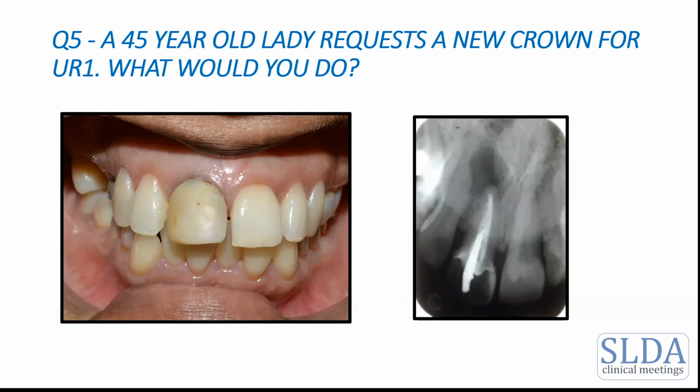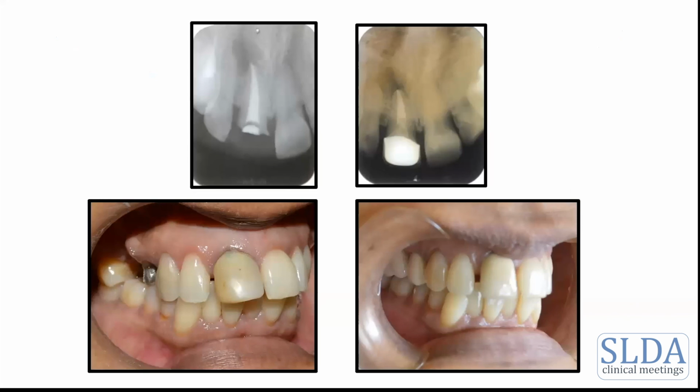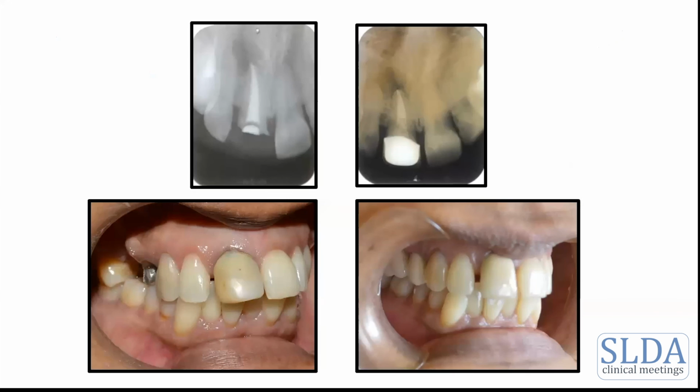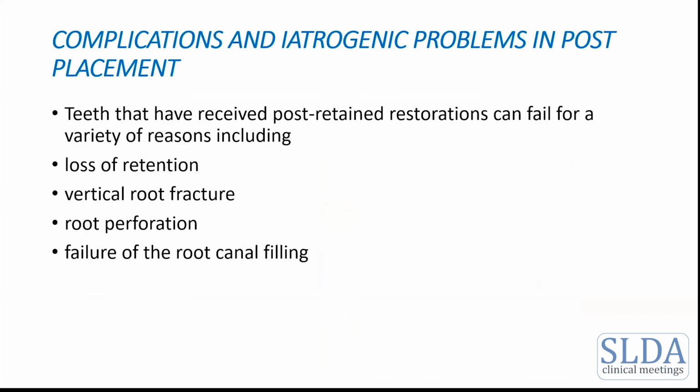In the radiograph, there is a post, an unsatisfactory root canal treated tooth, and there is a periapical pathology. So the treatment was re-root canal treatment, fiber post and core buildup, and a new metal ceramic crown was given. That's why the radiographs are important before you proceed to the final restoration.